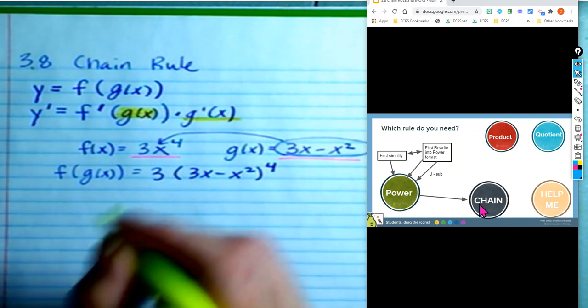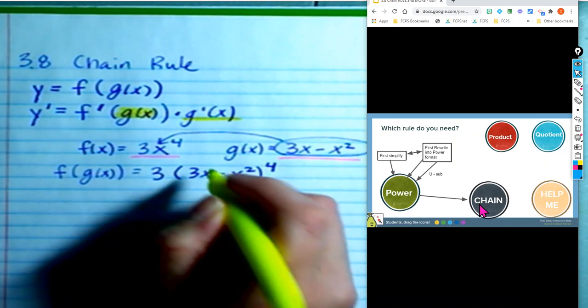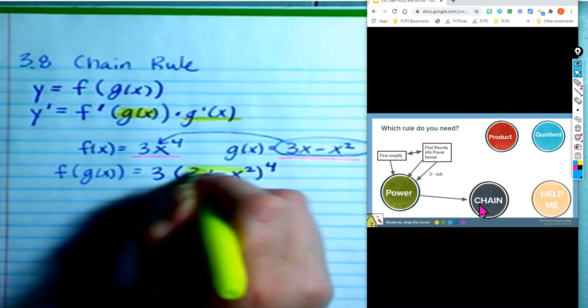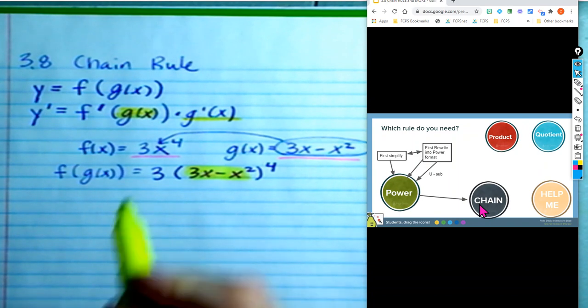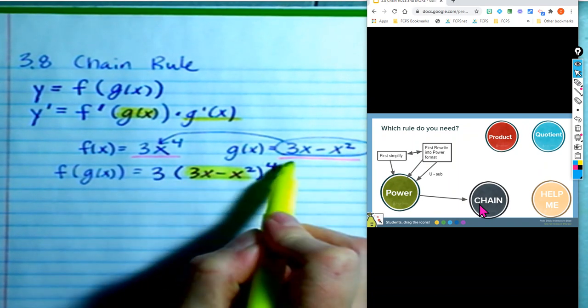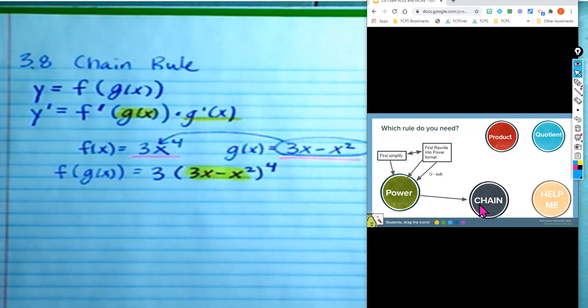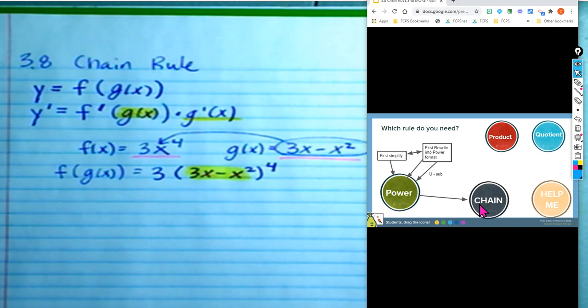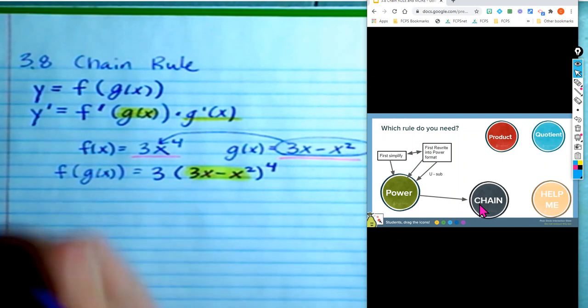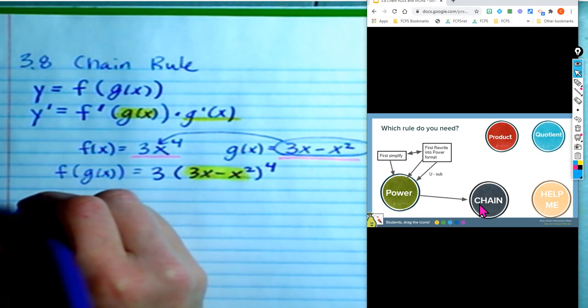I'm going to highlight what appears to be the inside function right there. If I blur that part out, I see 3 blur to the fourth, which is a power rule. And then the highlighted portion, 3x minus x squared, is just a power rule. So let's do the example.